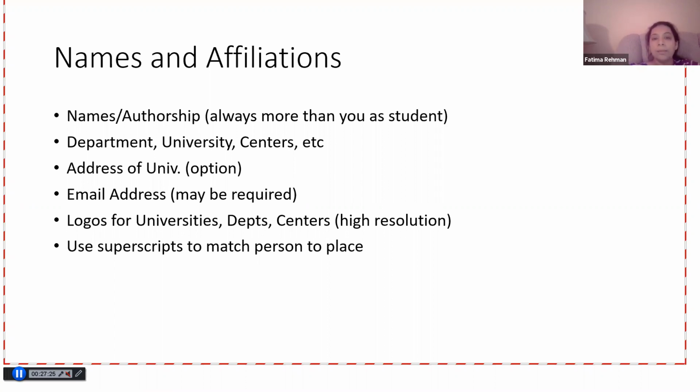And then sometimes they require us to add email addresses. Obviously, you don't need that. Many times we have logos in that title area at the top of our posters. We will add a UNF logo on one side, and then you will be able to add something else of your choice on the other side.